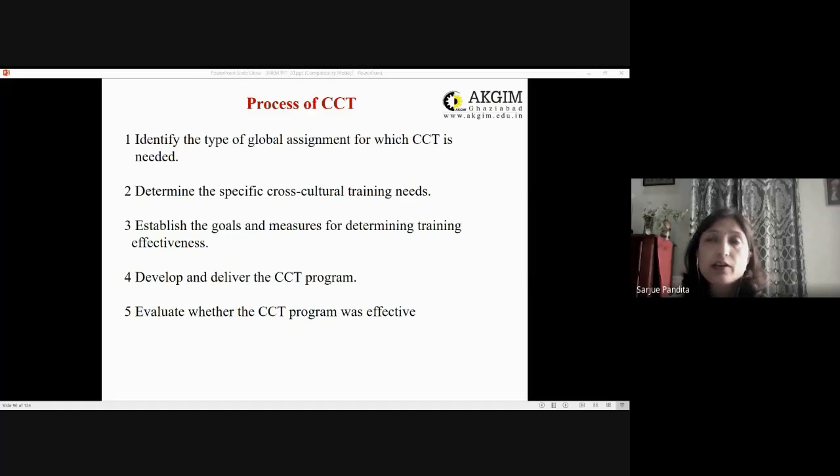That means if you are sending a person on a developmental program to another country, the type of interaction and the requirement to know the culture of that country would be handled accordingly. Then we have strategic or executive assignees.